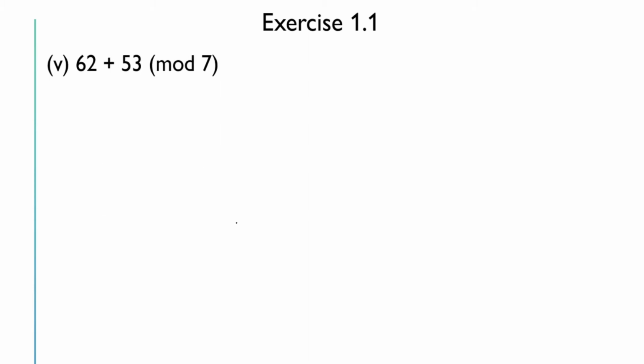The next question, it is 62 plus 53 mod 7. 62 plus 53 is nothing but 115. We will see what is the remainder when we divide 115 by 7.